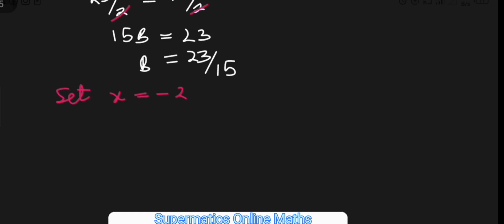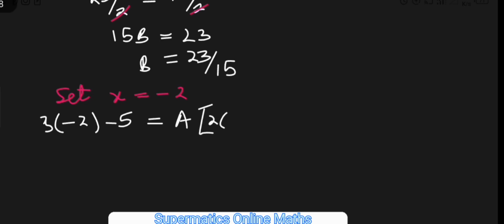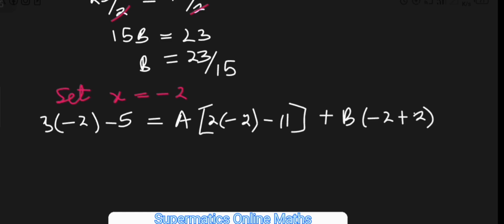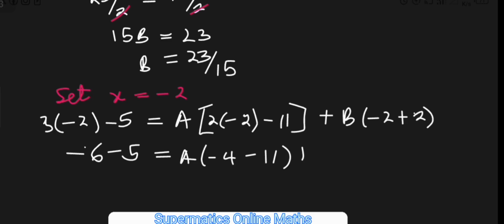When we do, we have 3 times negative 2 minus 5, and on the right it is A times (2 times negative 2 minus 11), while it is B times (negative 2 plus 2), such that this is negative 6 minus 5, while we have A times (negative 4 minus 11), and B times 0, which is going to be 0.